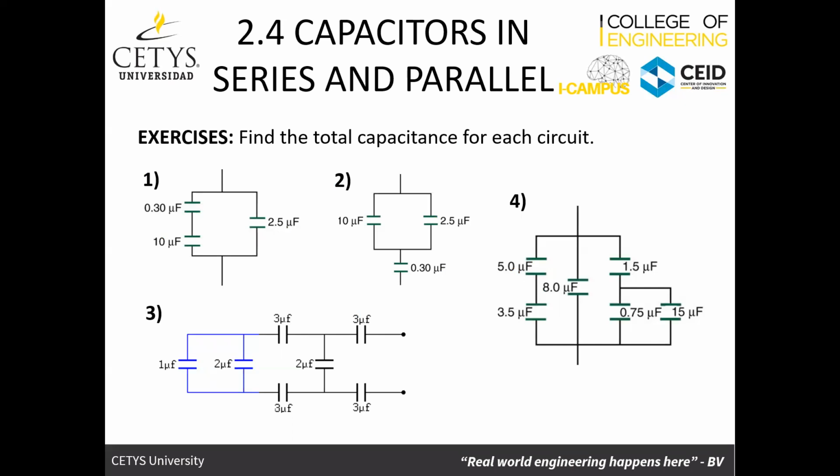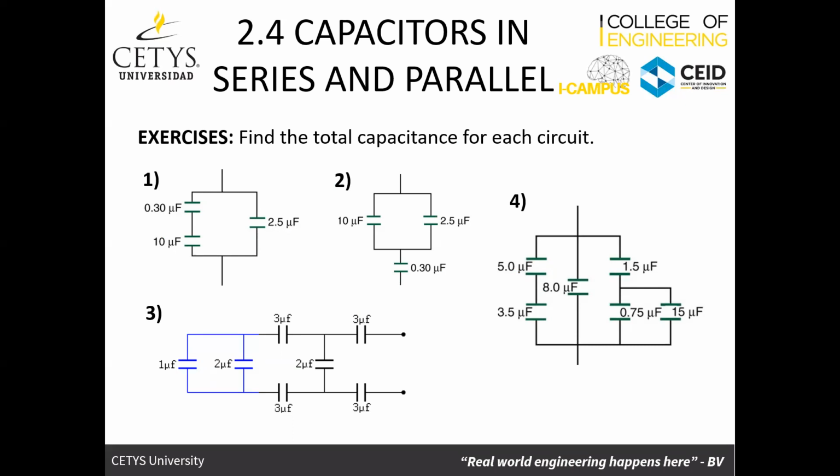We're going to start off with these 4. And in these exercises, we have an array of many capacitors. And what we want to find is the total capacitance. For these exercises, we're just interested in the total capacitance. These capacitors don't have a voltage supply connected to them or anything like that. We just want to find the total capacitance.